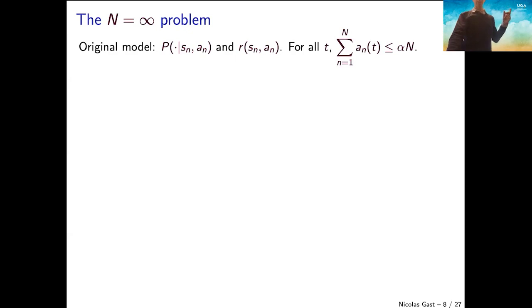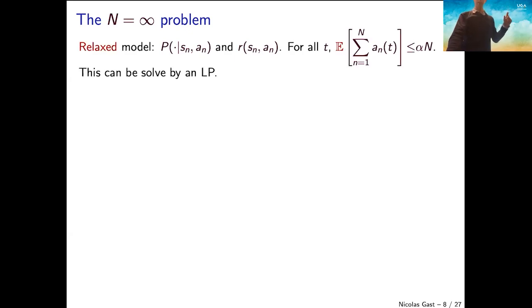And so the idea to relax this problem is to use a relaxation: instead of requiring, for all t, at most alpha n activations, the expected number of activations at time t should be smaller than alpha times n. Okay. And why is that interesting?